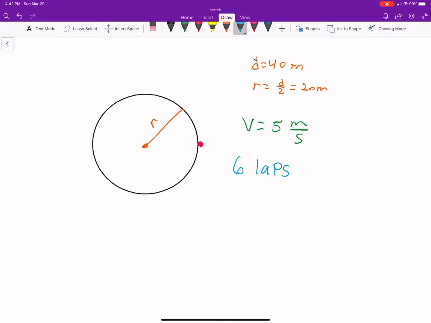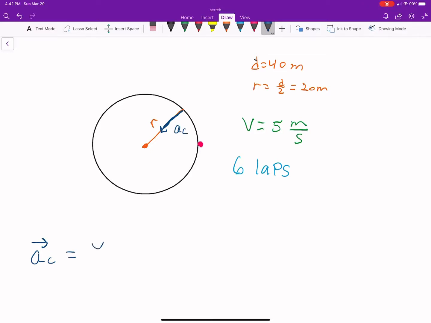You've already completed that. We want to find the acceleration, the velocity, the period, the distance traveled. We can find all sorts of good stuff. Let's start with the acceleration. Because we're going along a path, we have centripetal acceleration. Centripetal acceleration points centerwards, so that would be our vector.